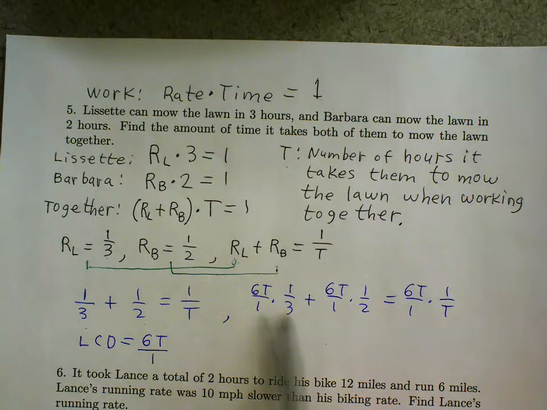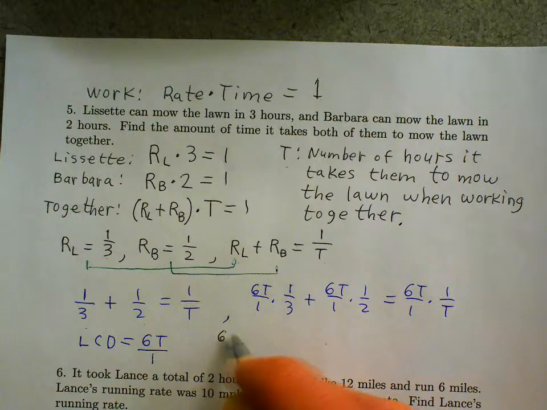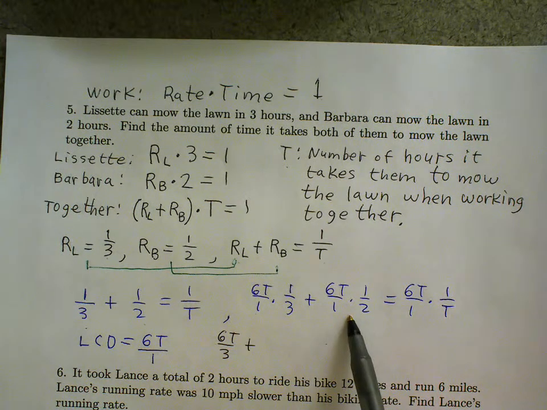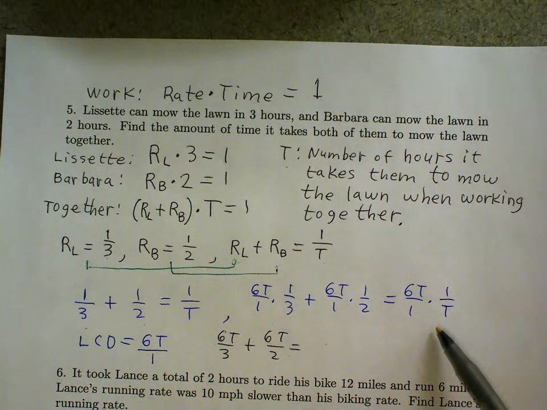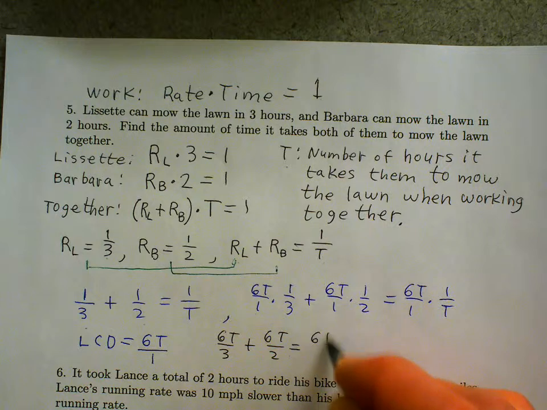I'll write a little more detail than is necessary. 6T/1 times 1/3 is 6T/3. 6T/1 times 1/2 is 6T/2. And 6T/1 times 1/T is 6T/T.